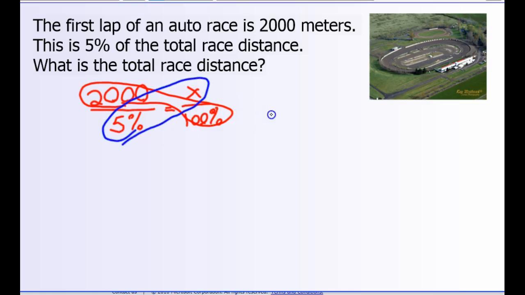So we get 5 times x, which is 5x, equals 2,000 times 100, which gives us 200,000. To solve this, we need to get x by itself, so we divide by 5.